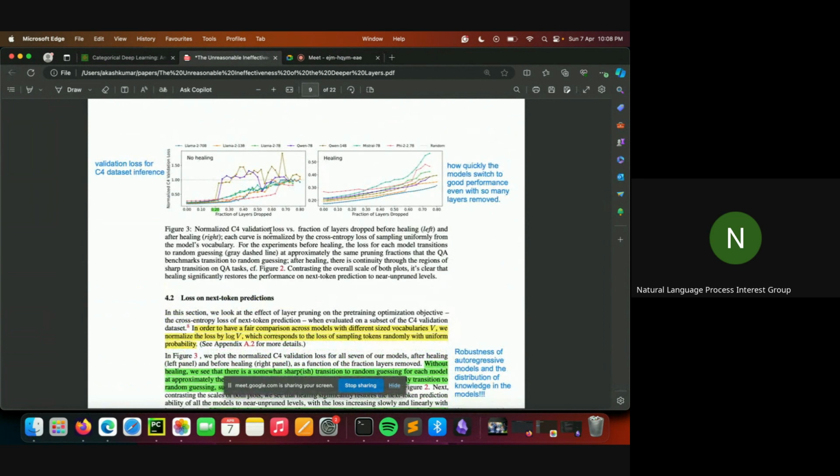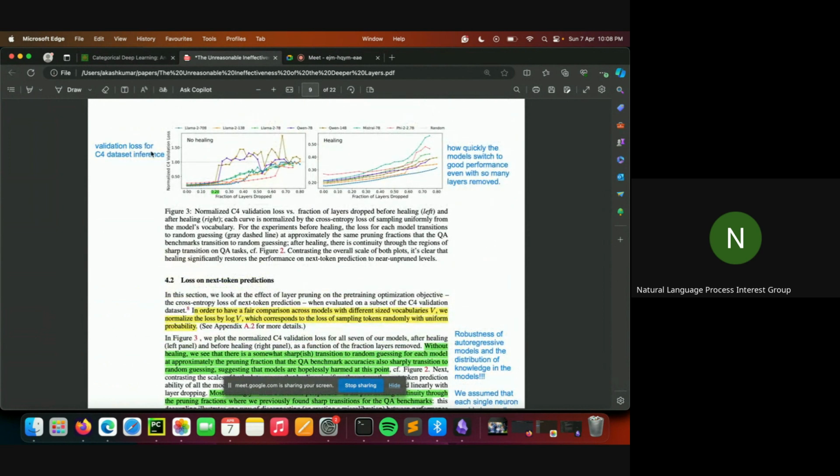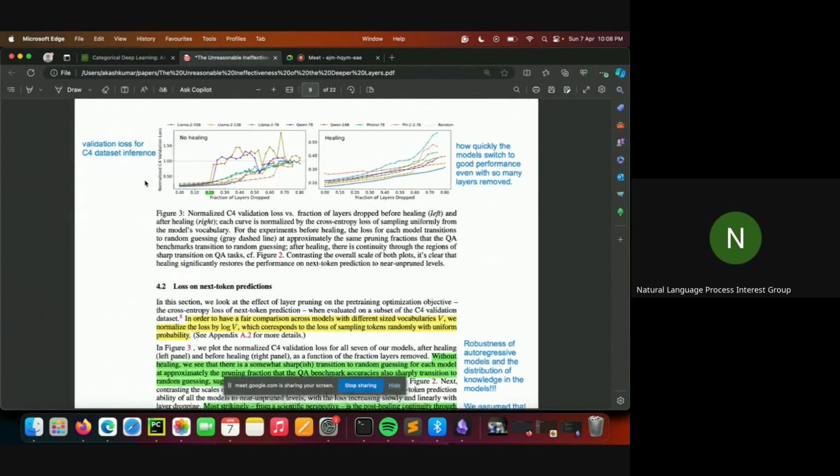Here they are showing the validation loss for inference on the C4 dataset, for all the models that they tried. Even when they removed up to 20% of the layers in each model, the performance remains the same without healing, which is adjusting the parameters with QLoRA.